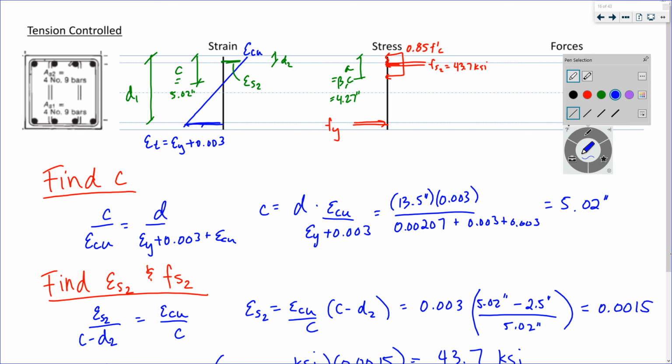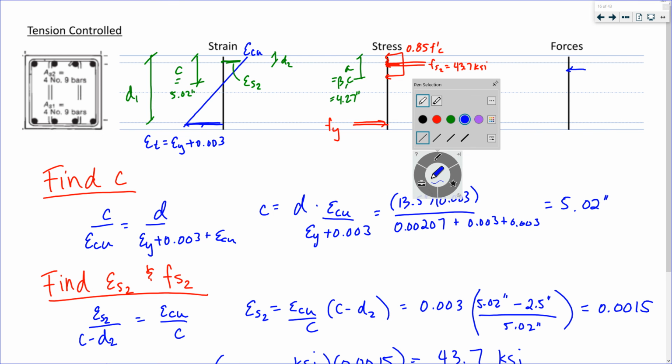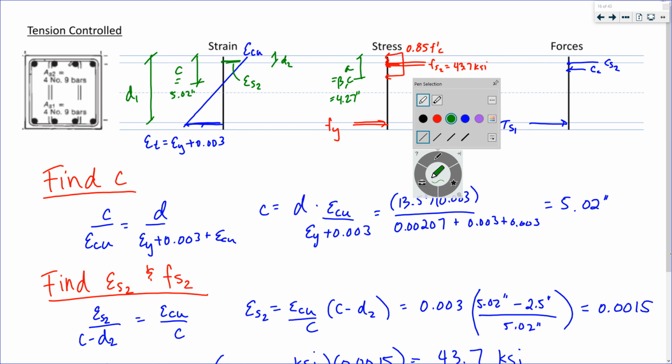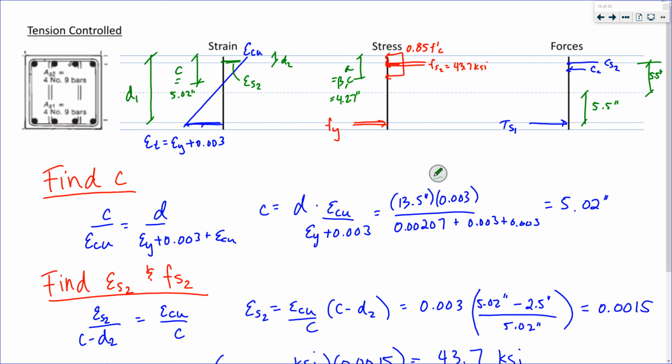Our resulting forces, we're going to have C sub C, compression steel force, and a tension force. We might as well go ahead and locate them. The steels don't change. They're still 5.5 because the centroid hasn't moved.